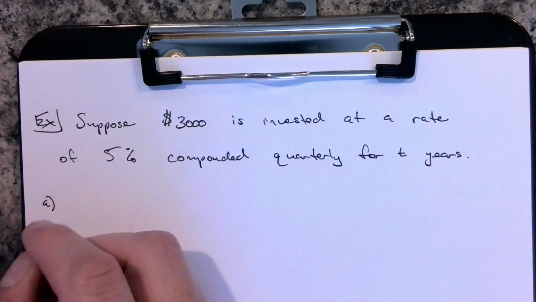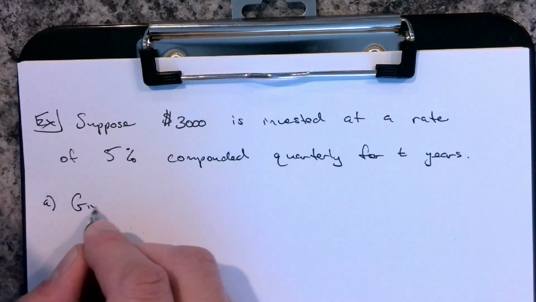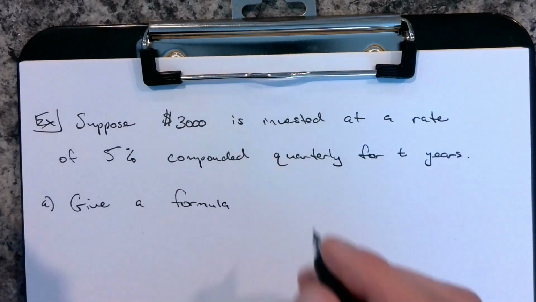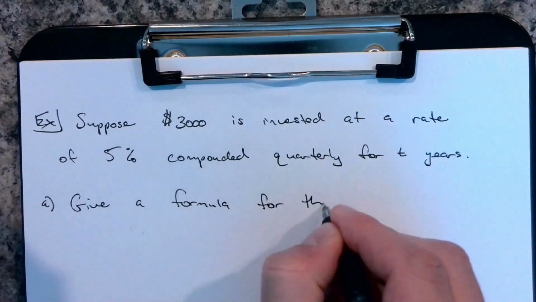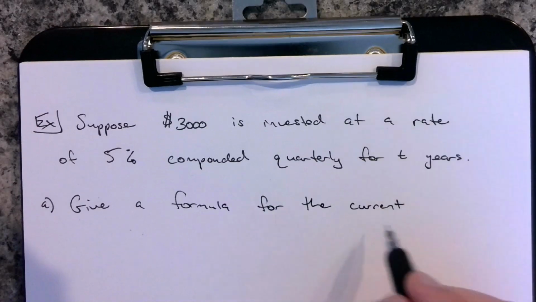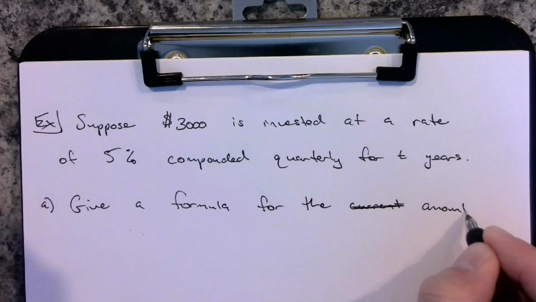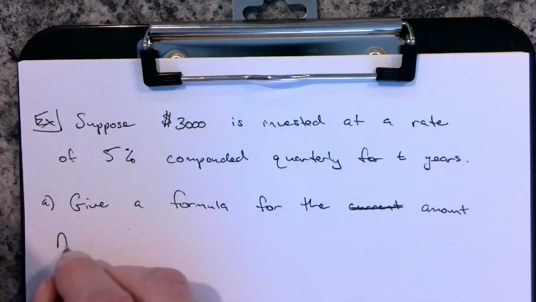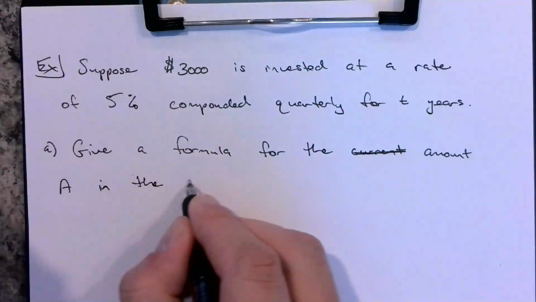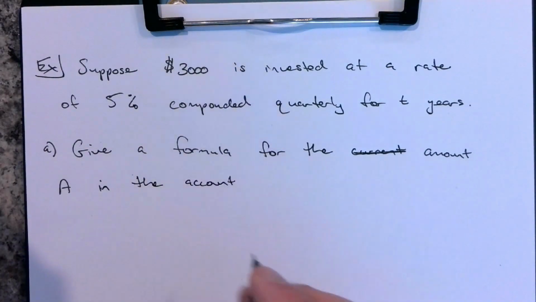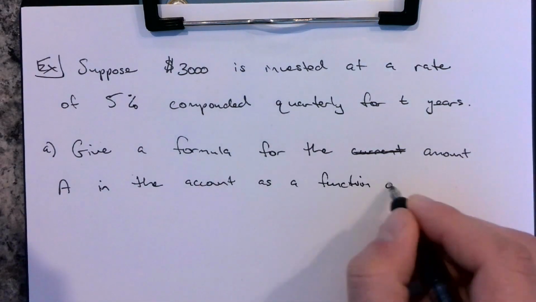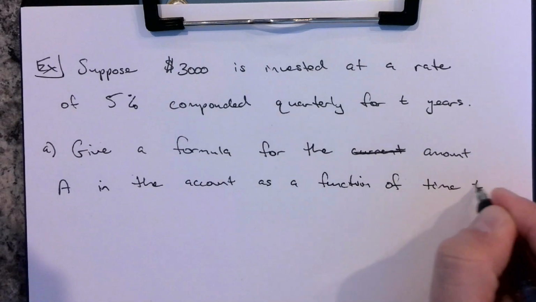And part A, I'll say give a formula for the amount A in the account as a function of time t.